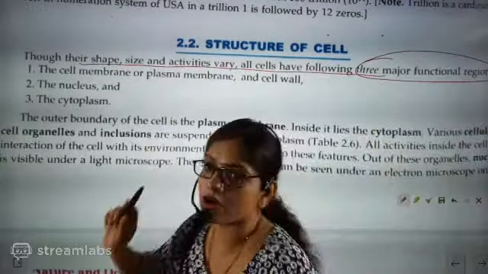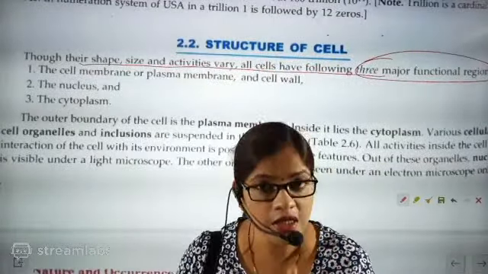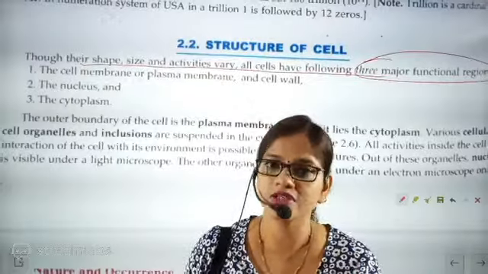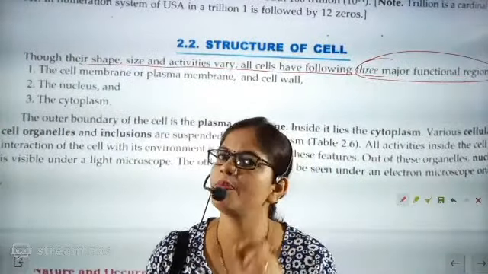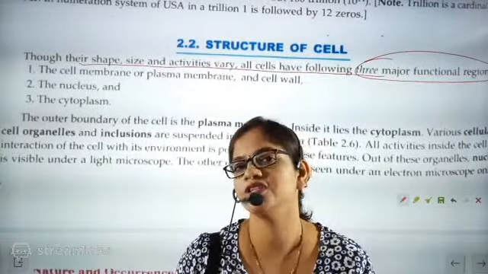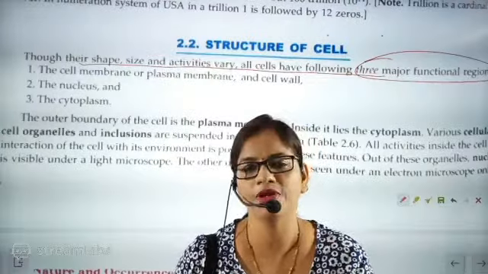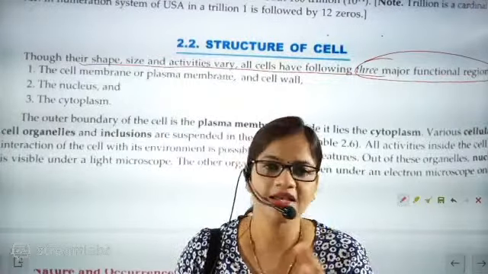The most important three major functional regions of a cell. This should be present in your notes. A cell will have three major functional regions. In the absence of any one of them, the cell function will not be at its exact capacity.